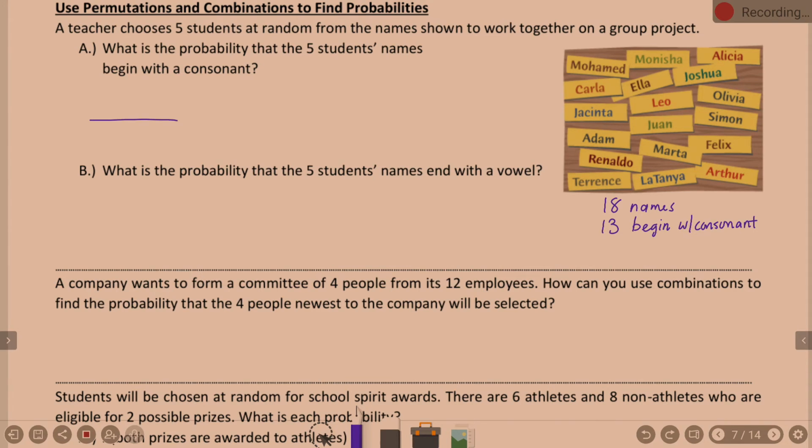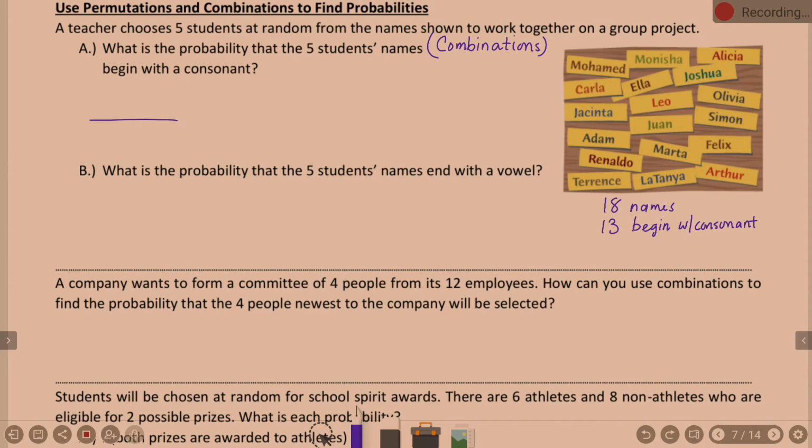Let me back up and ask a question here. Are we going to be using permutations or combinations on this problem? Does order matter when we pick these groups of 5? No. Order does not matter, so throughout this problem, we're going to be talking combinations. I meant to ask that earlier, I forgot.